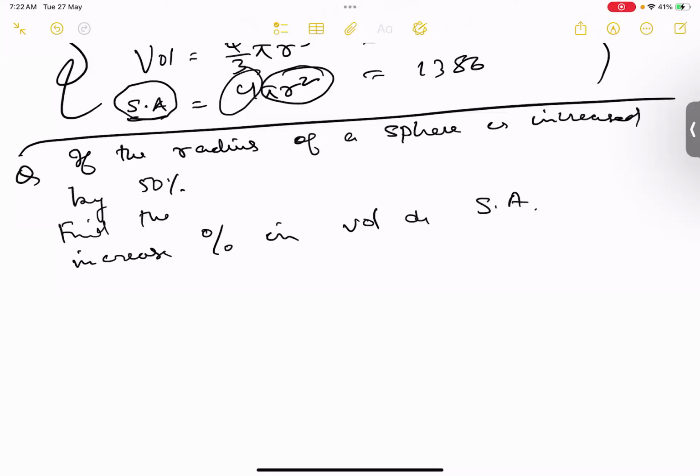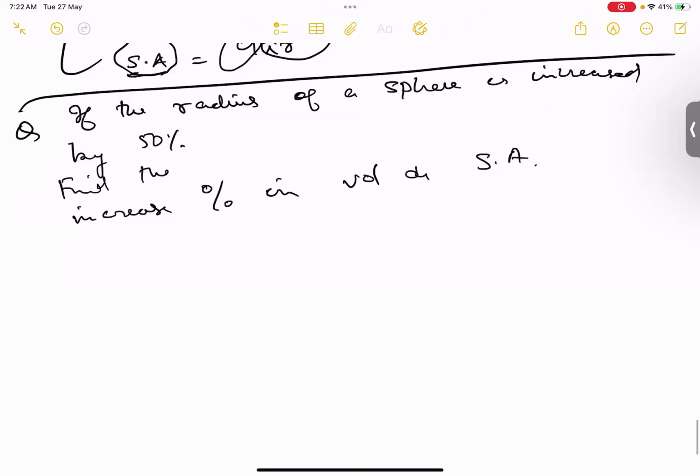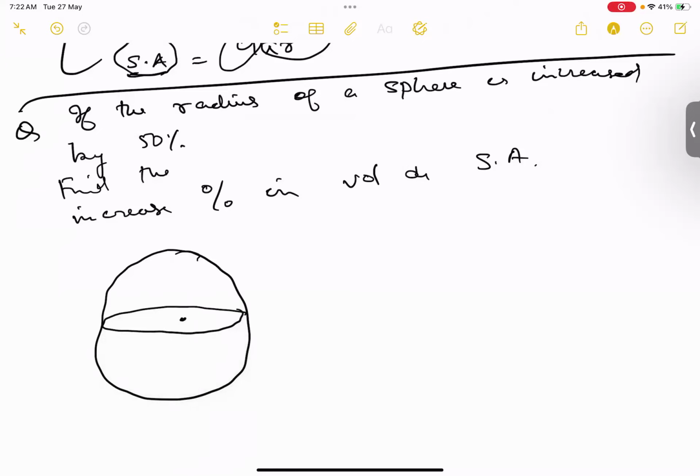So in this, it says that we have a sphere. We don't know what the radius is, what the volume is, or what the surface area is. It's just given that there's a sphere.